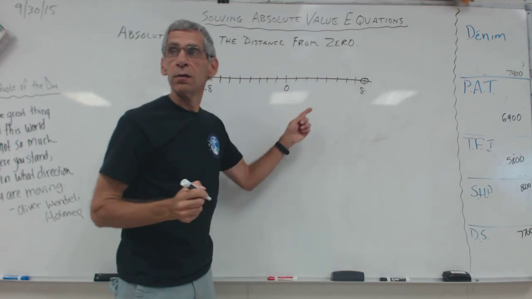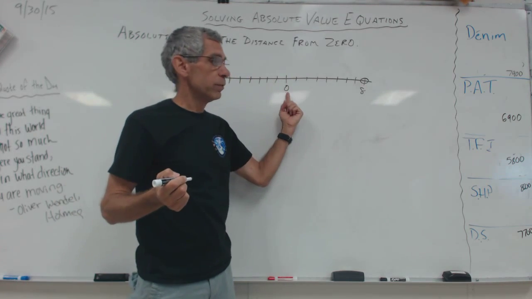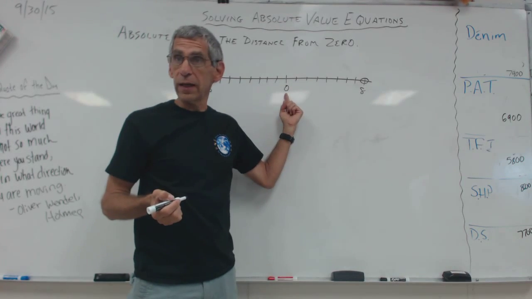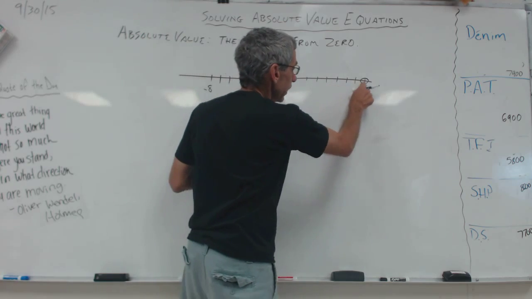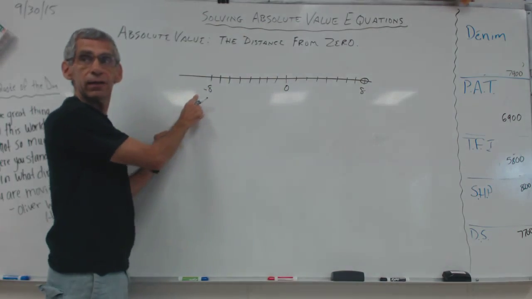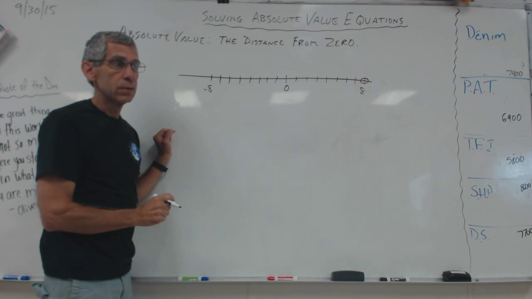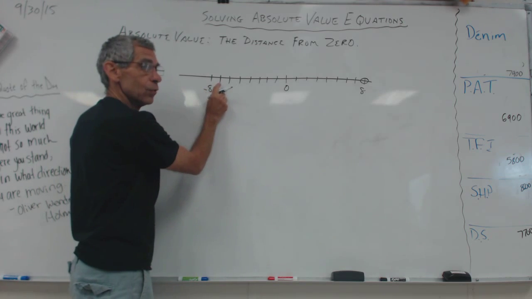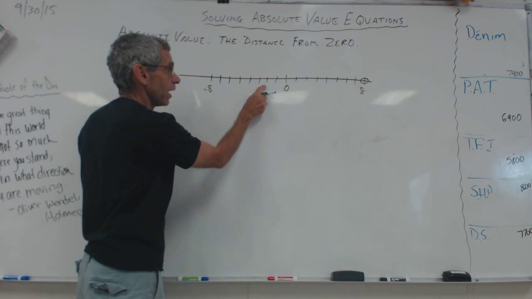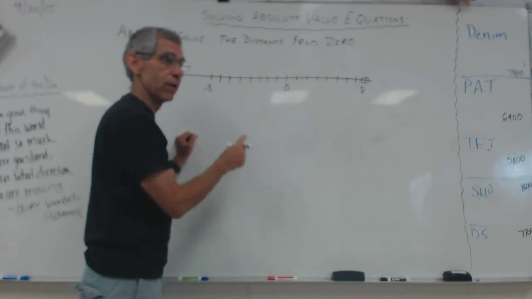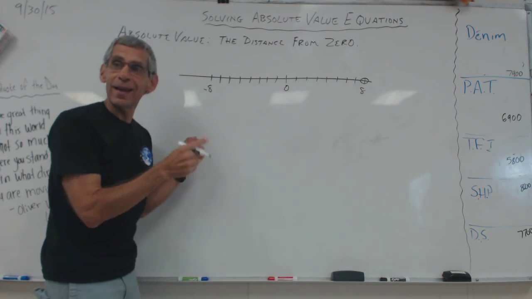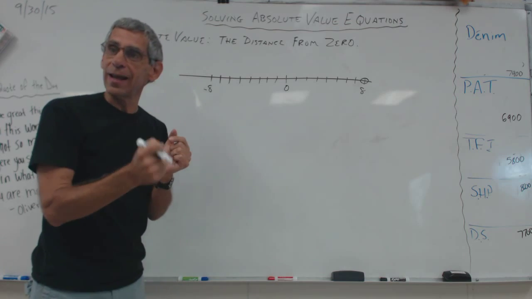Here's 8 right there. How far is 8 away from 0? 8, right? 1, 2, 3, 4, 5, 6, 7, 8. How far is negative 8 away from 0? I'm going to count. 1, 2, 3, 4, 5, 6, 7, 8. It's 8 away from 0. It's not negative 8. A distance is not a negative.